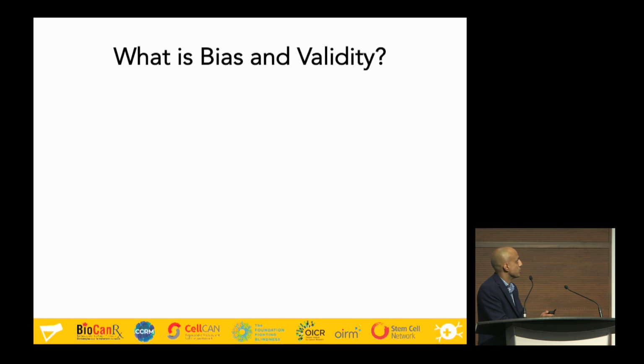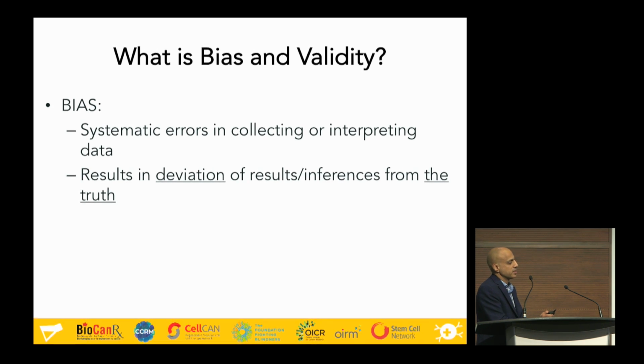So what is bias and what is validity? I'm sure all of you have an idea in your mind of what bias is already, but one definition we can use is that they are systematic errors in collecting or interpreting your data. So when you are conducting your experiment or you're interpreting your data, if bias is creeping into that, then it's going to result in a deviation of those results or any inferences you make from those results from the truth.